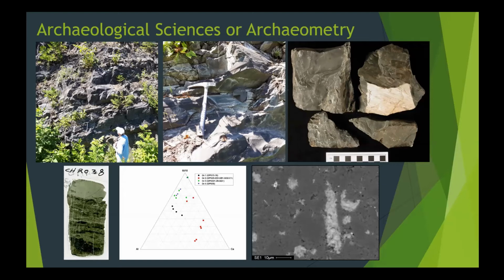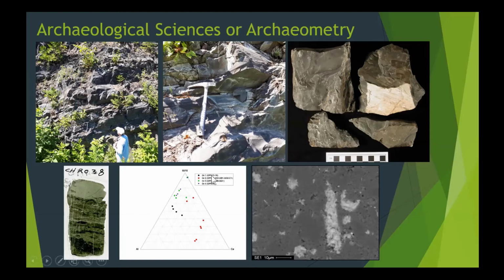And I would say that in my experience, even though it's really good to do the first three steps at the top here, in other words, to do the field work and recover really good samples for our reference collection, I have found over the last few years that making the thin sections has really helped me to even better understand the rock, and sometimes to understand why a rock might be better or worse for making stone tools. Sometimes things that you don't see in the hand sample, the larger sample, you can see in the thin section.